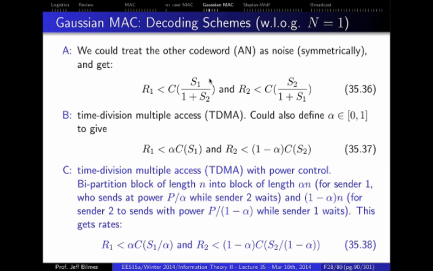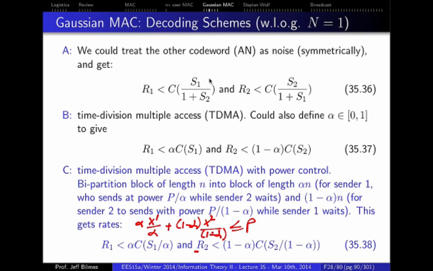Let me write that down. If we think alpha times x1 over alpha plus 1 minus alpha times x2 over 1 minus alpha, that's still going to be less than or equal to P, as long as x1 plus x2 is less than or equal to P. Because we've got these n channel uses, the first alpha fraction of the n channel uses are going to be alpha times n.